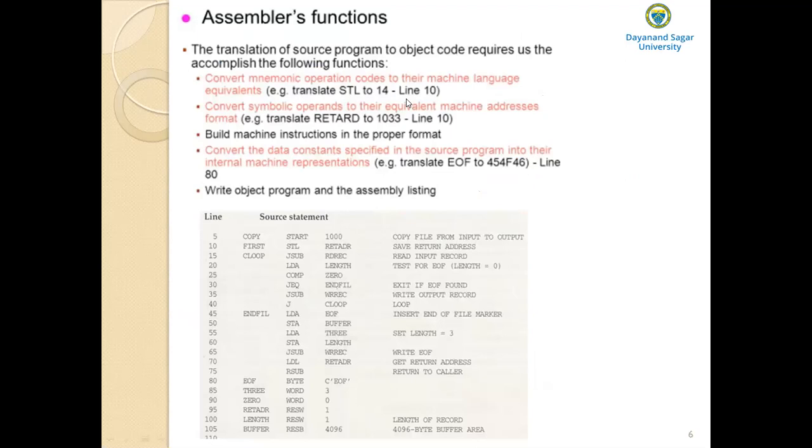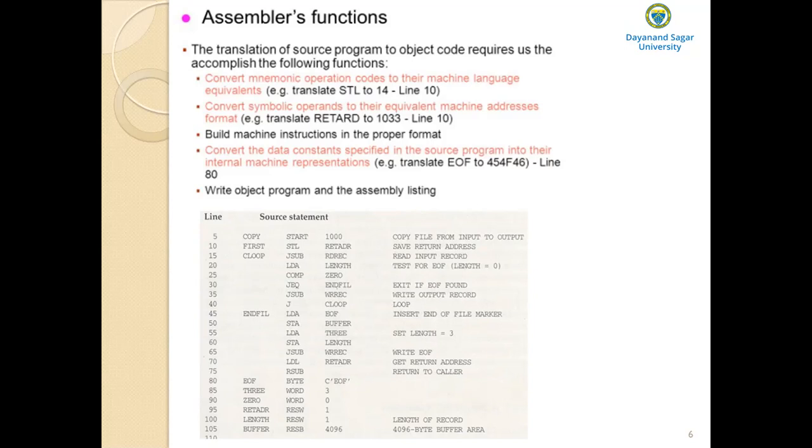All of these assembler functions can be easily accomplished by sequential processing of the source program one line at a time, except the second function.